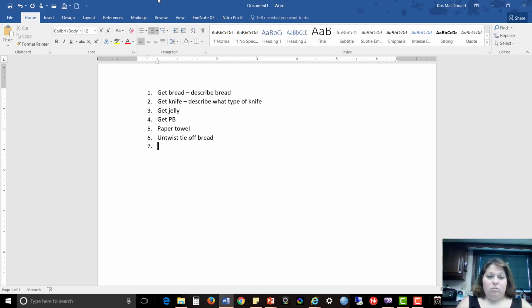Take 2 pieces out. Apparently I can't type very well today. So then I put them on the paper towel. This is how I do it. I'm trying to think step by step of how I do this. So I place the 2 slices of bread on the paper towel.